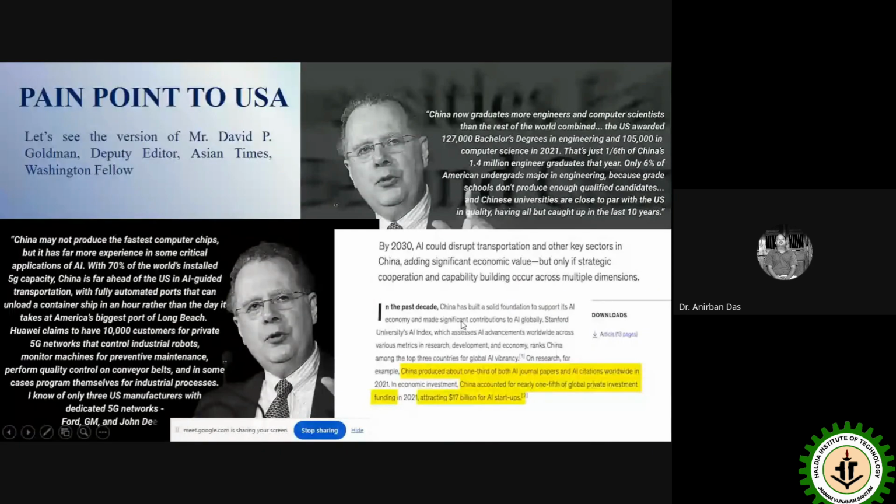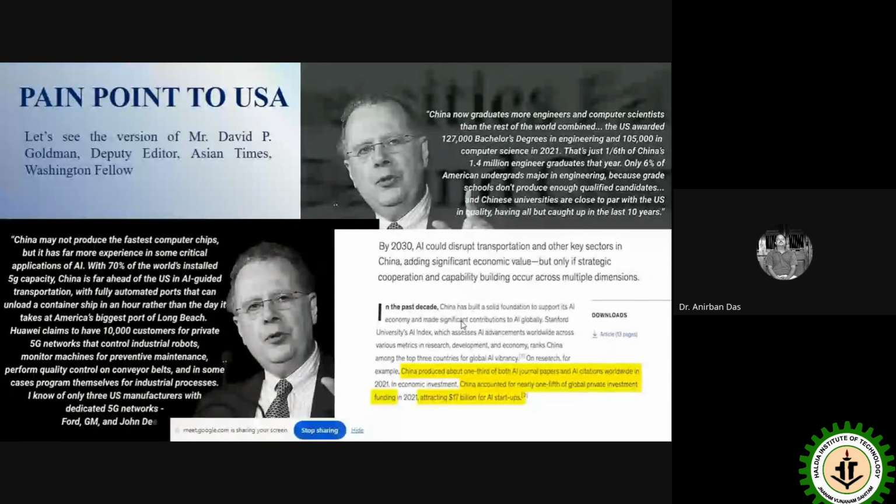And one thing you can see here is that China produced about one third of both AI-based journal papers and AI citations worldwide in 2021, and they have a large number of AI experts, rather students who are about to be experts, in China, with 70% of the world's installed 5G capacity.